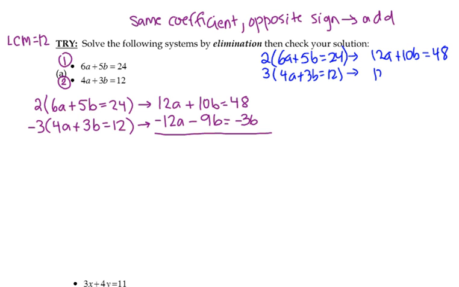And then 12a plus 9b equals 36. If you want to instead of subtracting, we can switch one of the signs on one of the equations and then add. So I could just make this a negative, this a negative, this a negative, switch our signs, and then you can just add. Switch all your signs, which is really what we did here. We multiplied everything by a negative. Same idea. Okay, let's add 12a plus negative 12a.